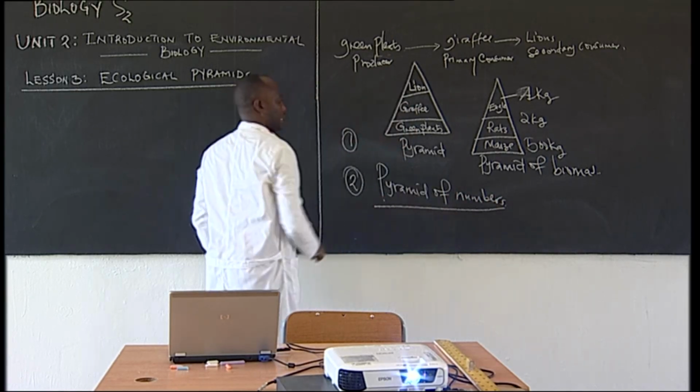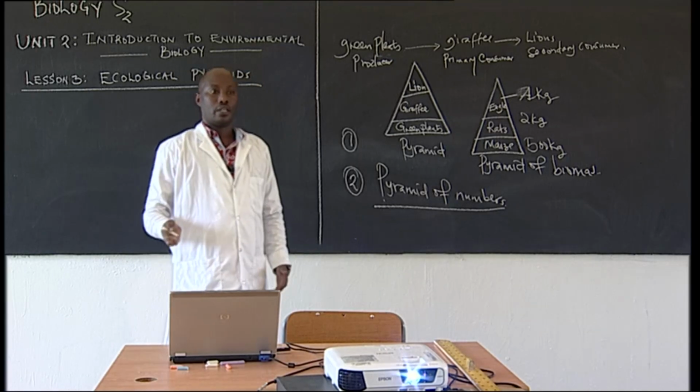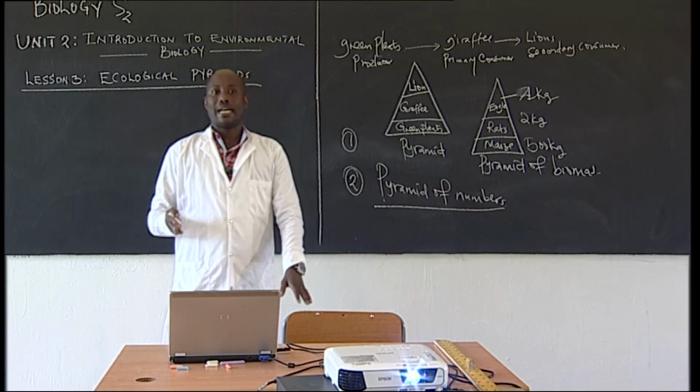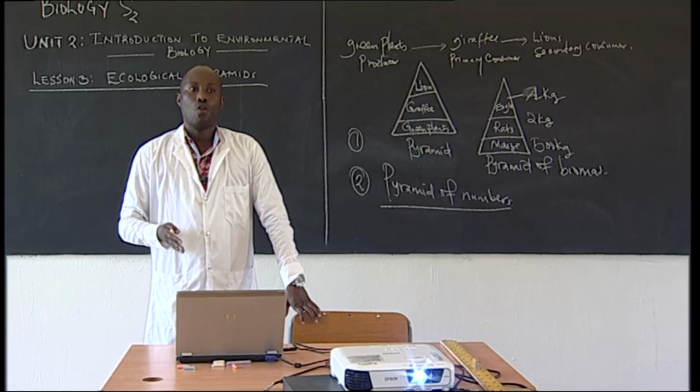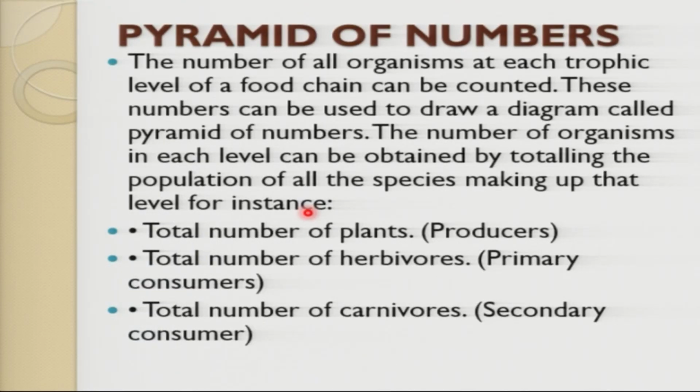When you talk about the pyramid of numbers, the numbers of all organisms at each trophic level of a food chain can be counted. So these numbers can be used to draw the diagram called a pyramid of numbers. Are you with me? You use these numbers to draw the pyramid of numbers.